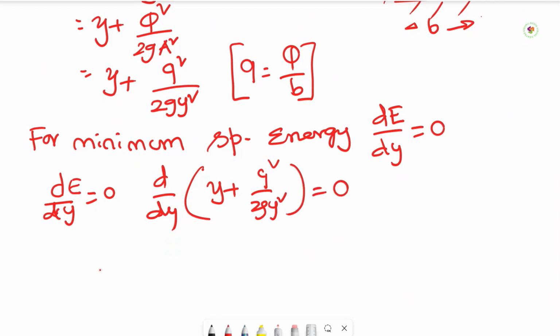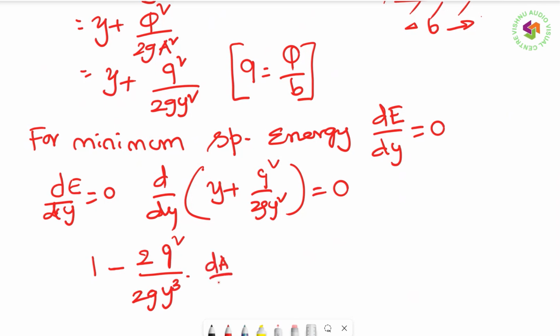If I analyze it, 1 minus 2q squared by 2g y cubed is equal to 0.